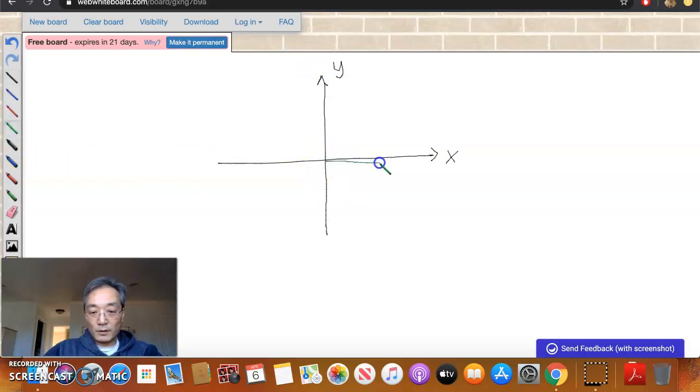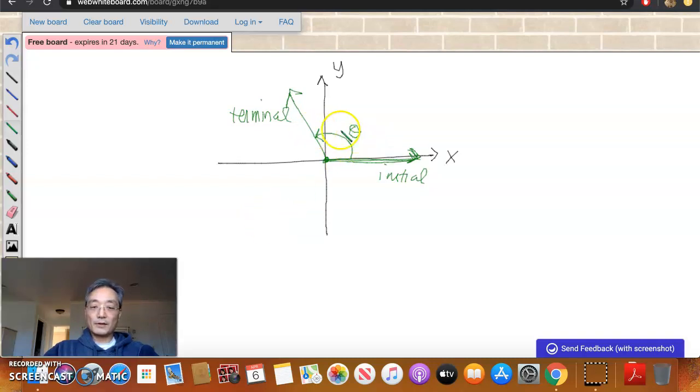Again, our initial side is on the positive x-axis, correct? That's our initial side. Our vertex is always on the origin. And then here is our terminal side. So initial and terminal. In essence, this angle right in here is our angle theta. The angle is formed by the initial and the terminal, correct? That's our angle theta.